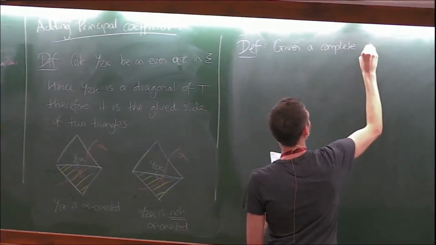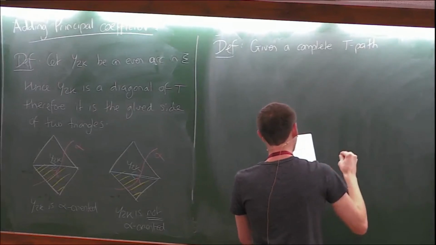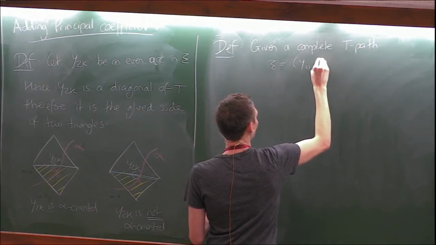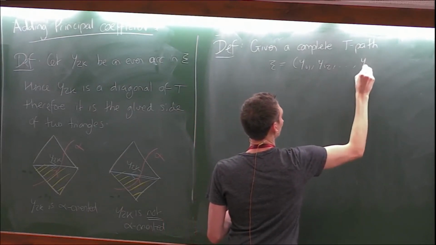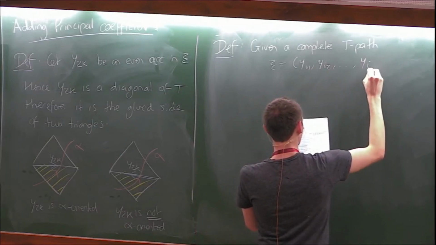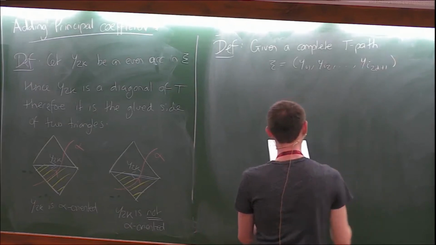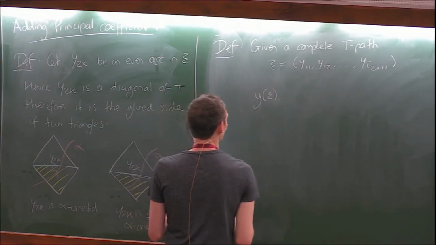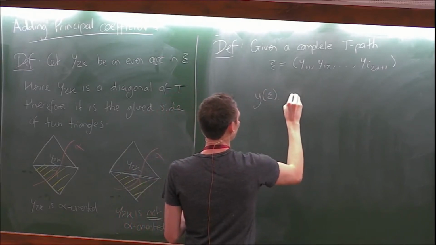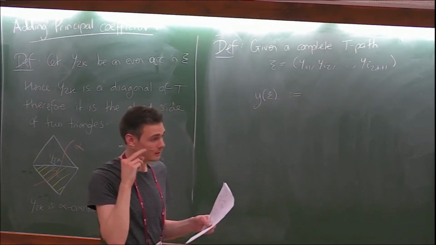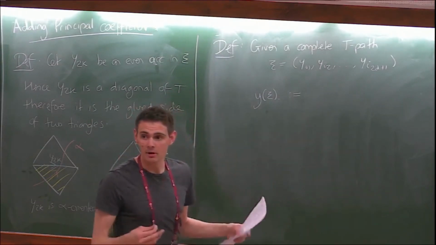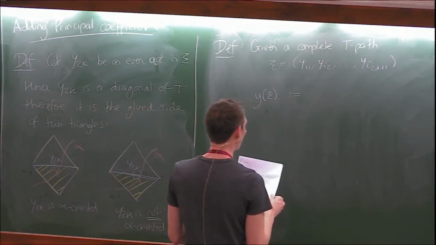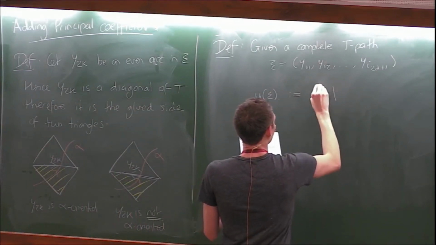So given a complete t-path, zeta equals gamma I1, gamma I2, all up to gamma I 2d plus 1, we define this y monomial by taking the product of the y's over all alpha-oriented arcs.